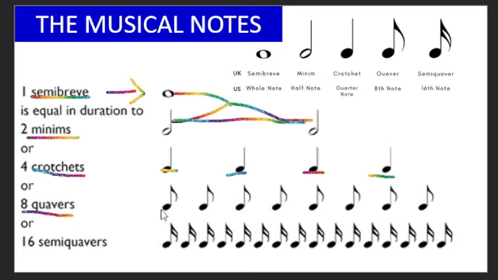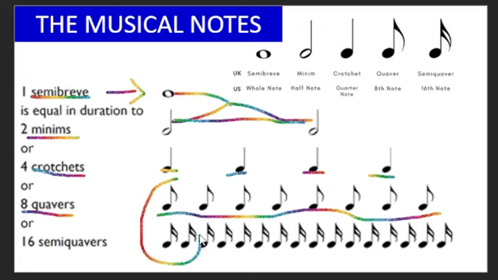The semibreve has 8 crotchets. Again, 1 quaver has 2 semiquavers. So 1 semibreve has 16 semiquavers.